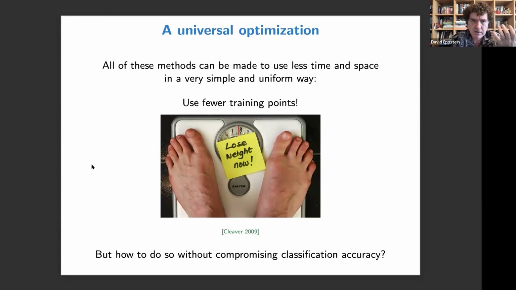Maybe there's some way of using only some smaller subset of it in a way that hopefully doesn't make your classification accuracy worse. You're getting the same results, just with fewer points.